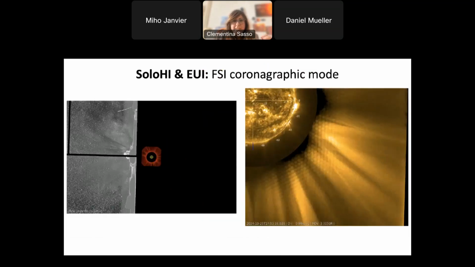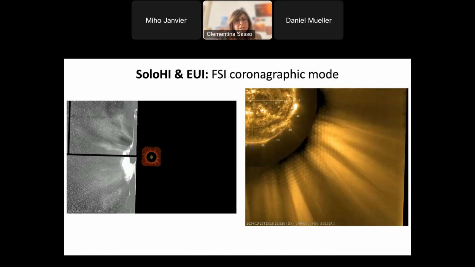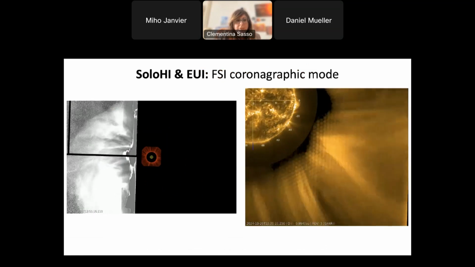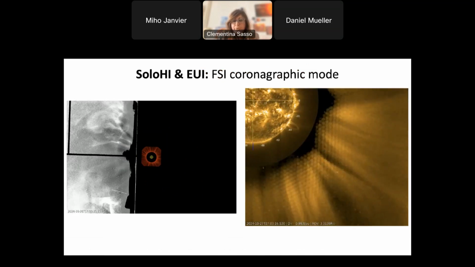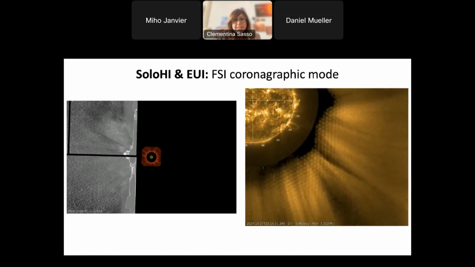The big event is the Solo HI team that is studying it because they see a really huge shock in their instruments, and we are of course helping them with this analysis with the Metis data.